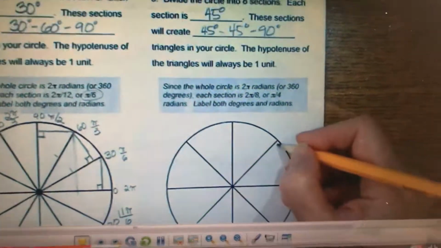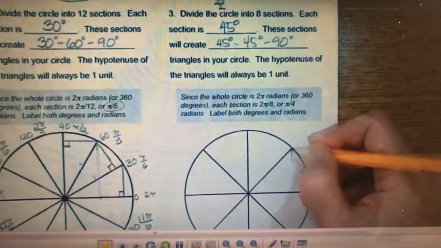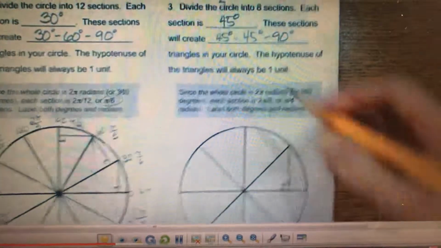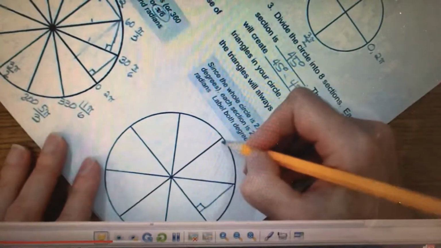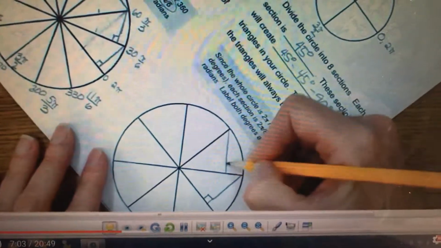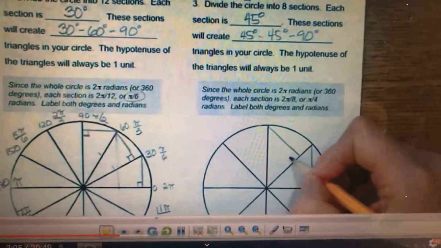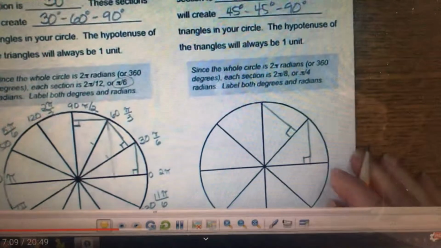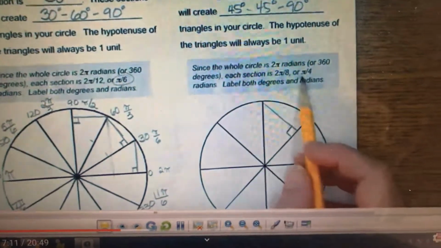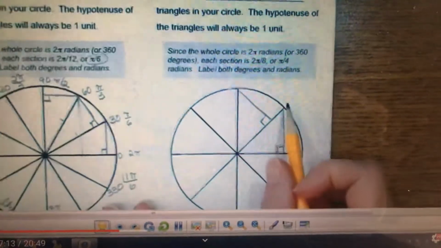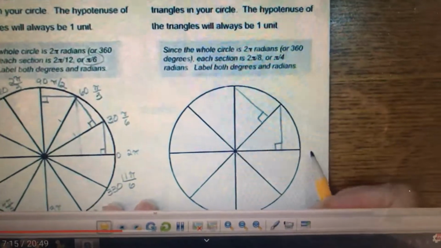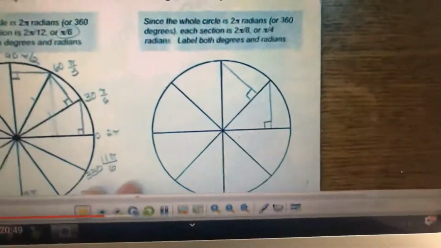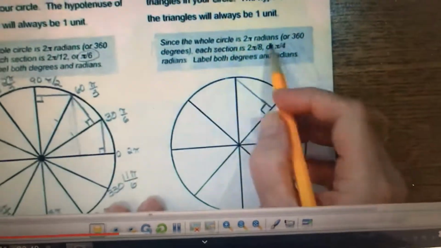Since the whole circle is 2 pi radians, each of those will be pi over 4 radians. So now I'm drawing my 45, 45, 90-degree triangles. The whole way around is 2 pi. Remember, radians are a measure of rotation.